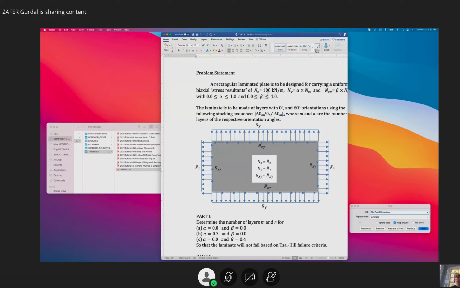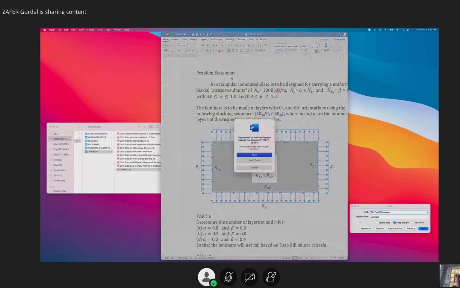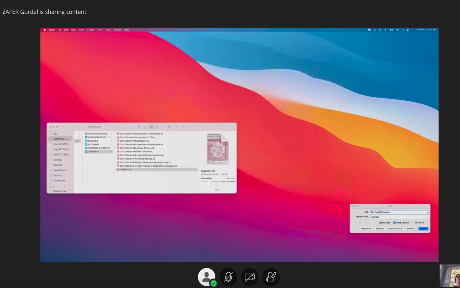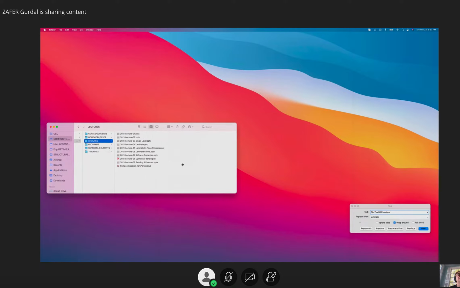So let me make this also 1000 here, kilonewton, and save. All right. So the lecture on this is bending stiffness, lecture 9.